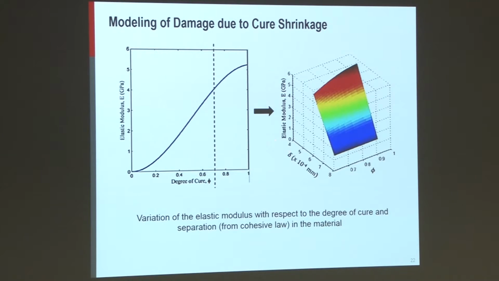And this separation is related to the strain using the traction separation law. So by incorporating this law, we can predict the damage that occurs in the material due to any point that reaches that critical stress in the material.